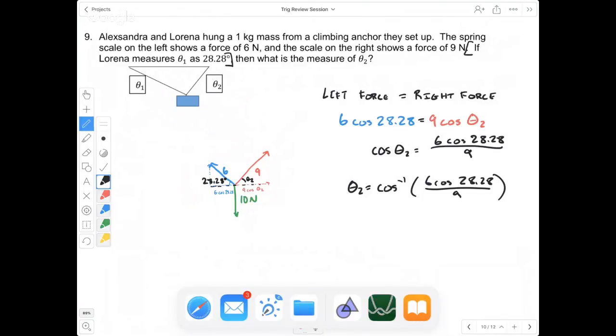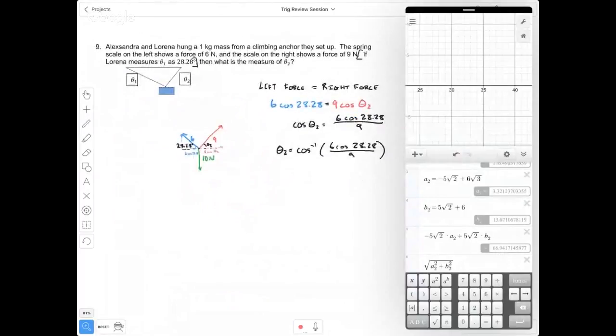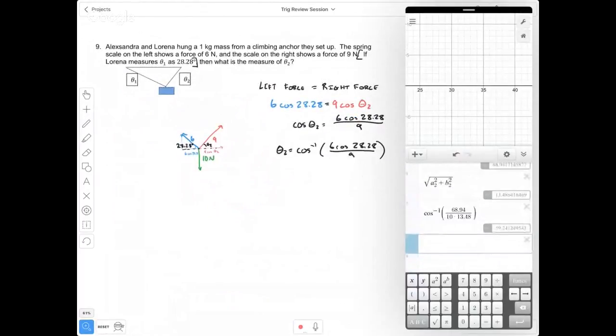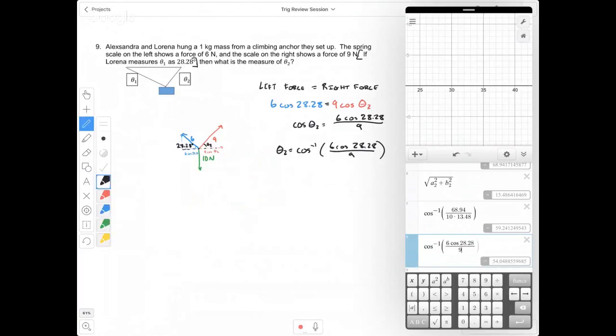Pulling up a calculator. 54.05 degrees. I got 08.